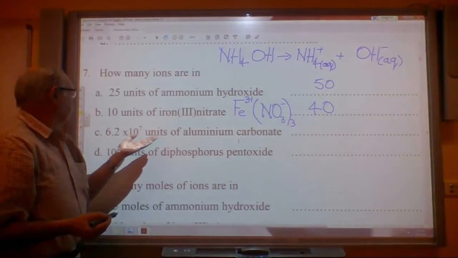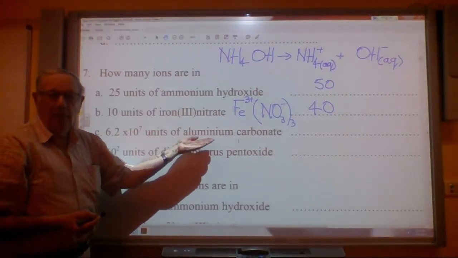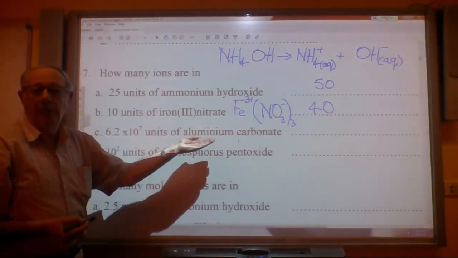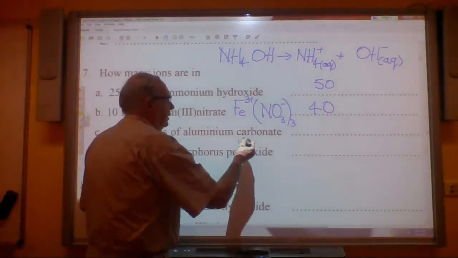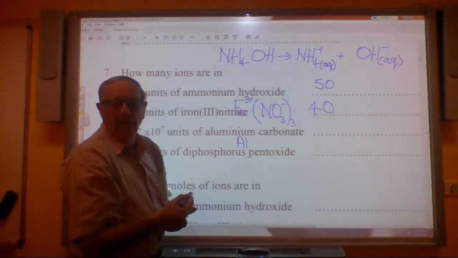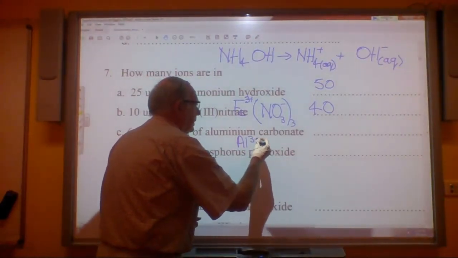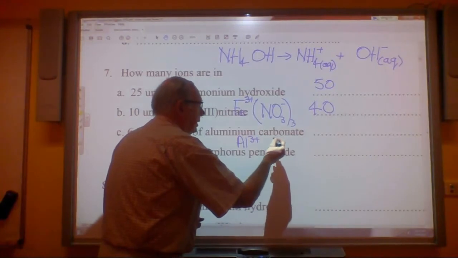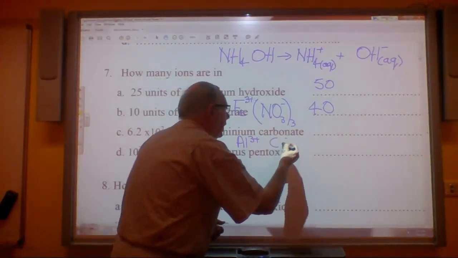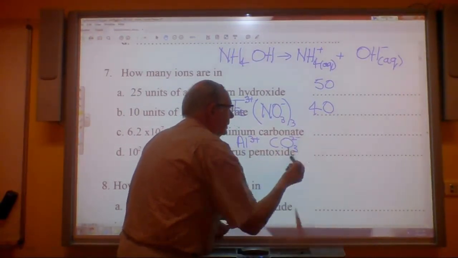Looking at the next one, units of aluminium carbonate, that's how we say that. Aluminium is a metal. It has a symbol, Al, and it has a charge of 3 plus. Carbonate has a formula of CO3 2 minus.